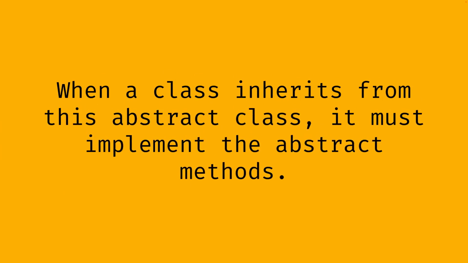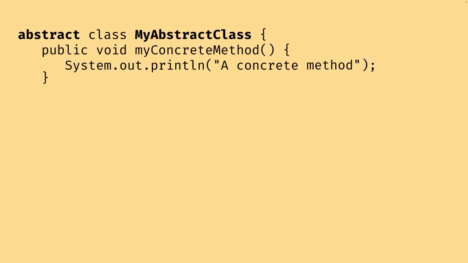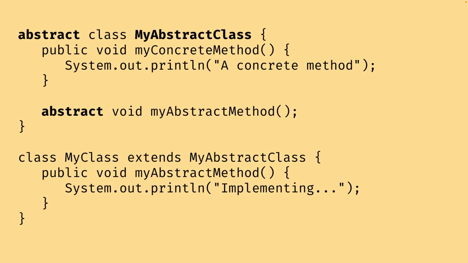When a class inherits from this abstract class, it must implement the abstract methods. Here's an example. The myAbstract class is an abstract class that has both a concrete method and an abstract method. The my class extends the myAbstract class and provides an implementation for the abstract method.